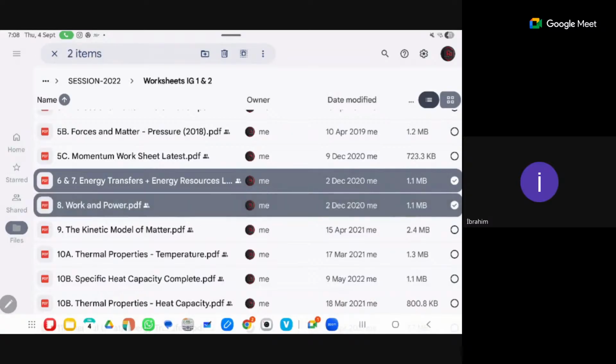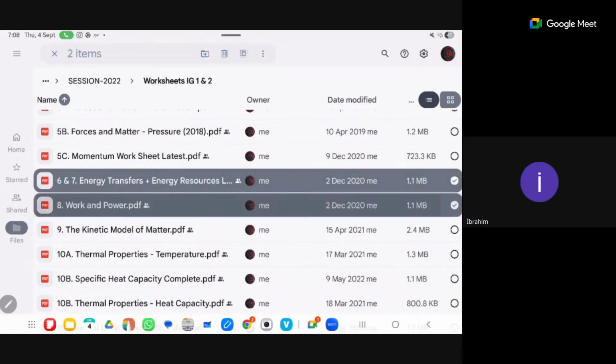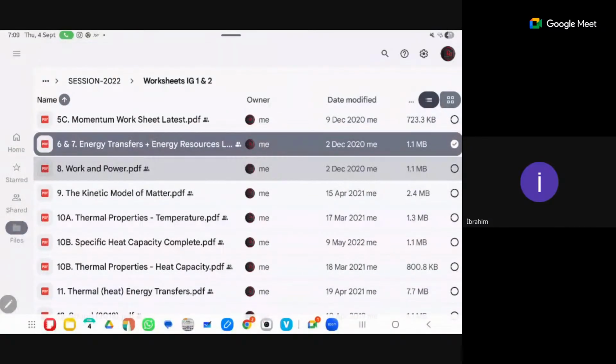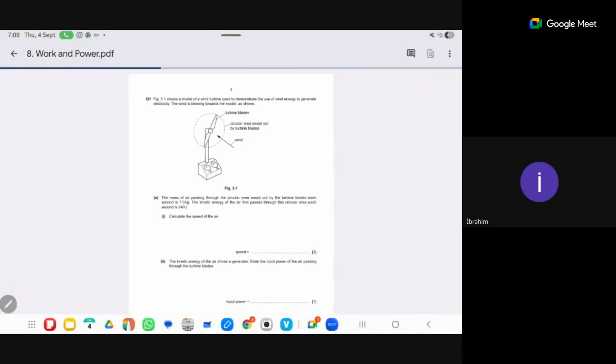These are two files I wanted to open. Okay, let's open this one first. Let me share this screen with you, or share these files with you also. Okay, let's open it up.